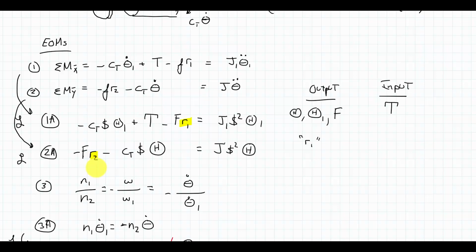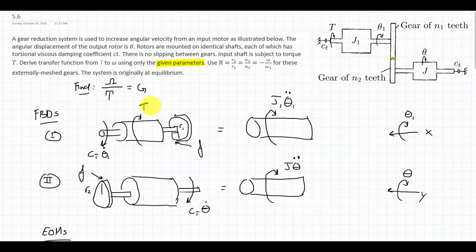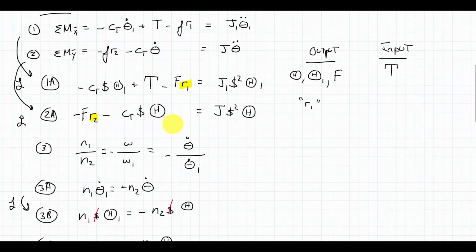And another problem is I have R1 and R2, and I was told in the problem to put only things in given parameters. I'm not told what the R1 and R2 are, I'm only told what the number of teeth are on each of the gears. So I actually need two more equations to eliminate some of these variables on the right-hand side going forward.